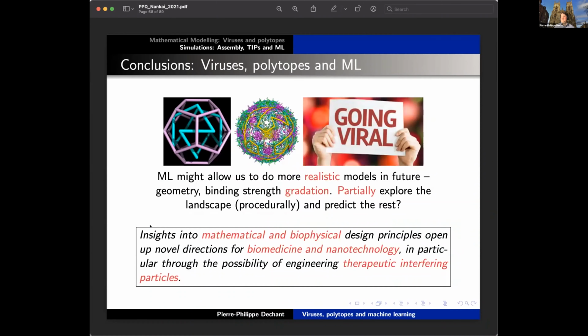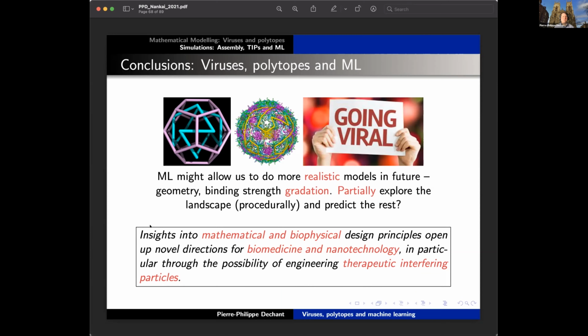So we're trying to understand how we can couple machine learning usefully to simulations, trying to figure out what structure is in the data that might allow us to do more realistic examples that aren't just this dodecahedral toy model.